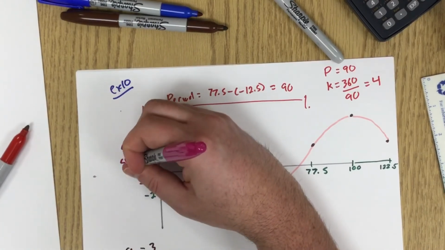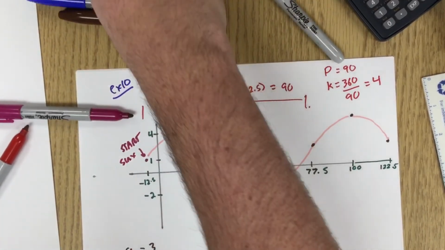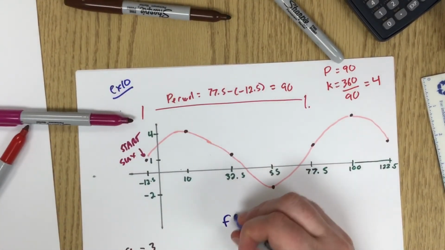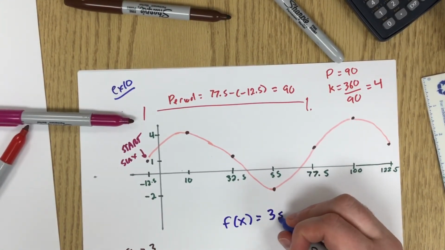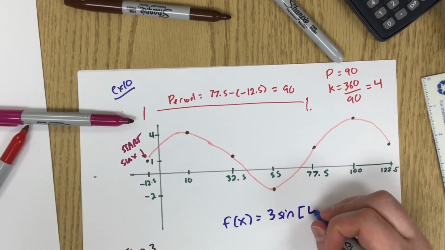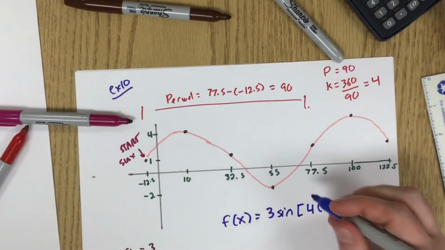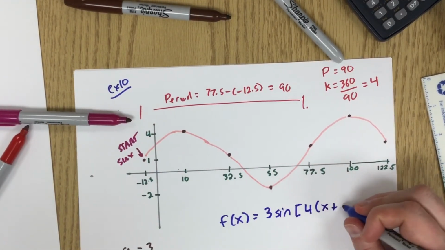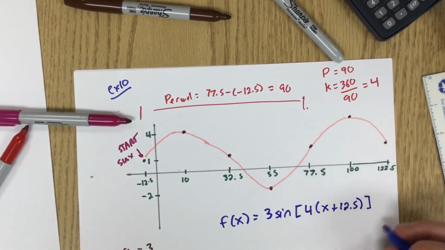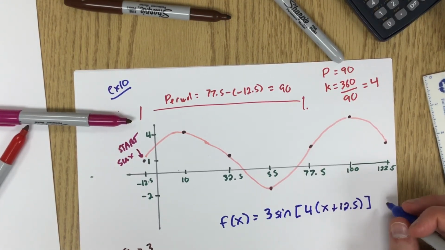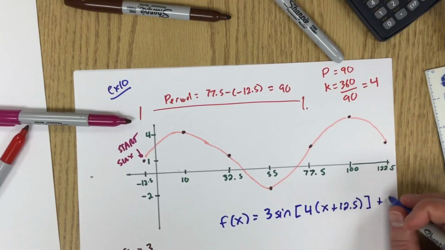Start over there, that would be a sine x, and that's going to be f of x equals 3 sine, our k is 4. We've moved left 12.5, so that's plus 12.5. And then we're going to have plus 1.